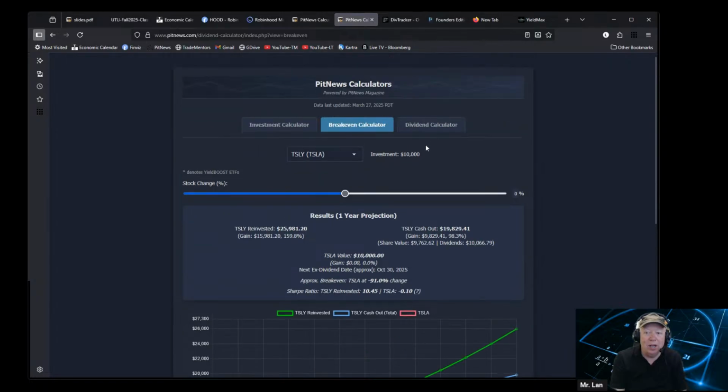So the way this little calculator works is it tells you if Tesla falls and it loses money, right? So if you own Tesla, the stock, and it goes down, you lose money. That's the nature of the beast. You bought it for $100, it went down to $90, you lost $10. So that's what this calculator shows. So it says, okay, well, what if I own TSLY, not TSLA?